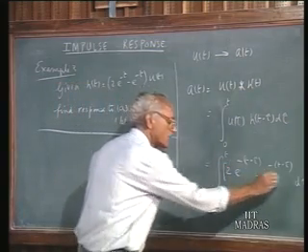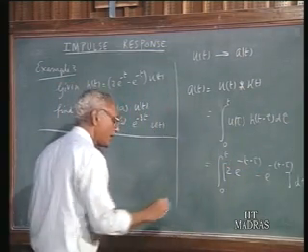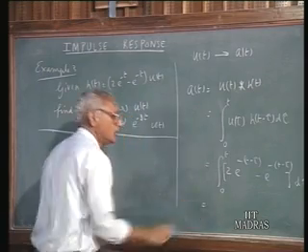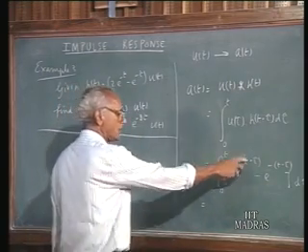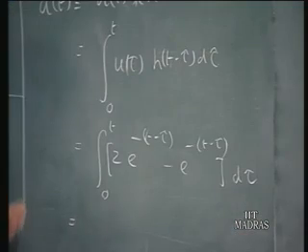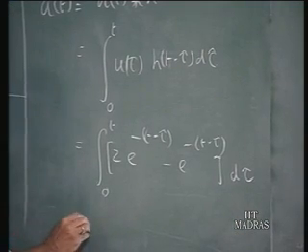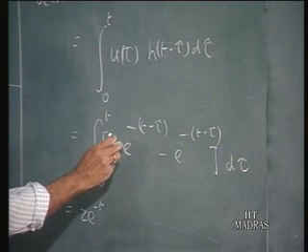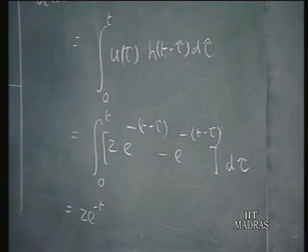So this will be what you are having here, and this can be written as, in the integration e to the power of minus t comes out for the first term, therefore you have 2e to the power of minus... I'm sorry there is some mistake here, I should have put this minus 2t, kindly note this.